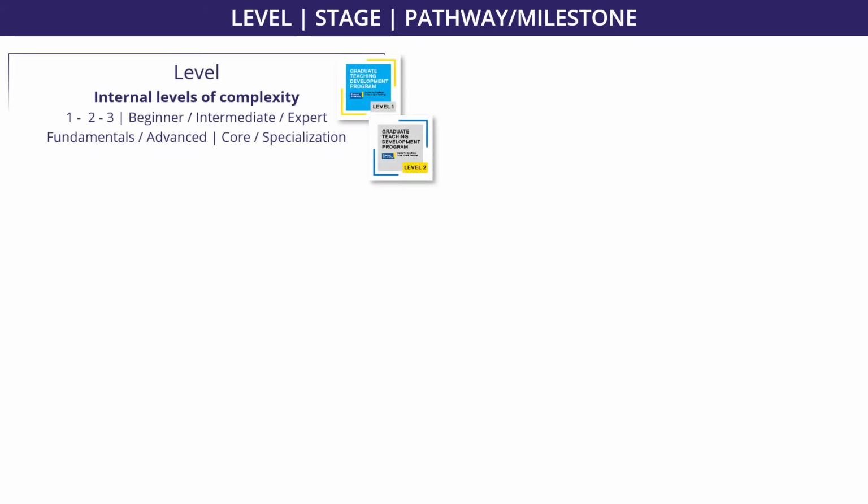So let's just talk a little bit about levels. We have qualification frameworks. These are seldom captured in micro-credentials, things, official qualification frameworks. More common is the idea of internal levels. So beginner, intermediate, expert would be one, fundamentals, advanced, bronze, silver, gold if you must, or things like that.